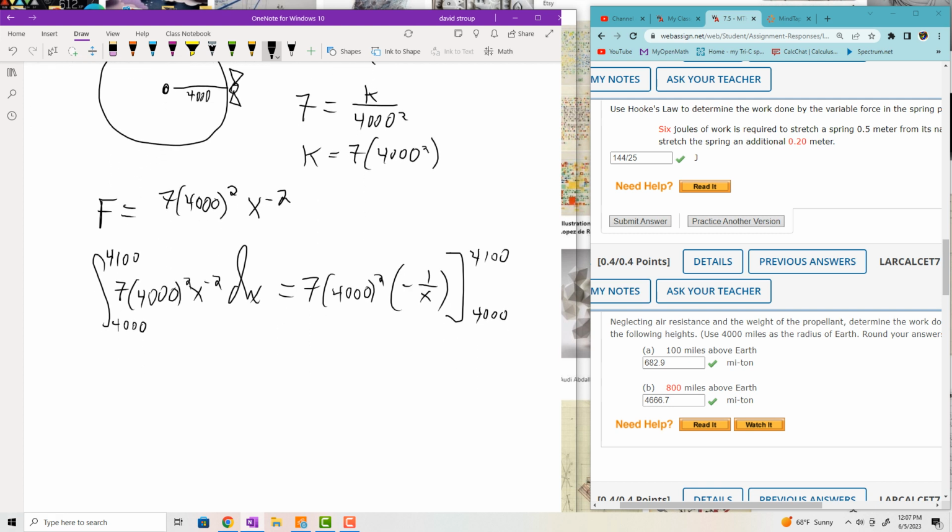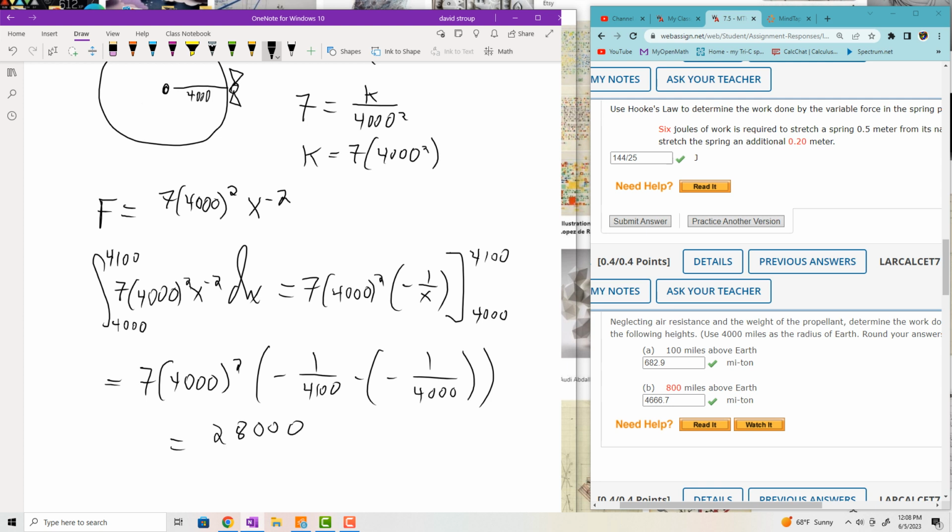Right, and then it's just computation. So 7 times 4,000 squared, and then you have minus 1 over 4,100 minus negative 1 all over 4,000. And then go to your computer of choice and evaluate that. So I got 28,000 over 41.